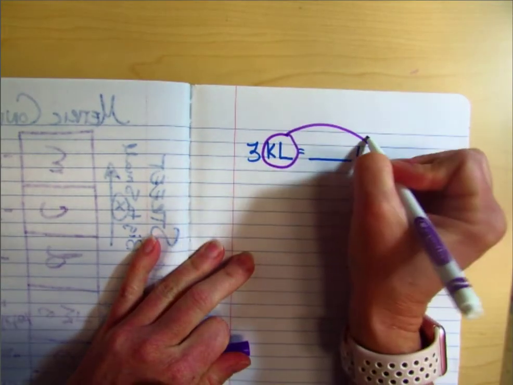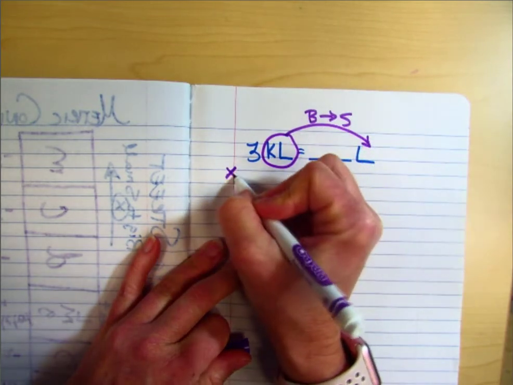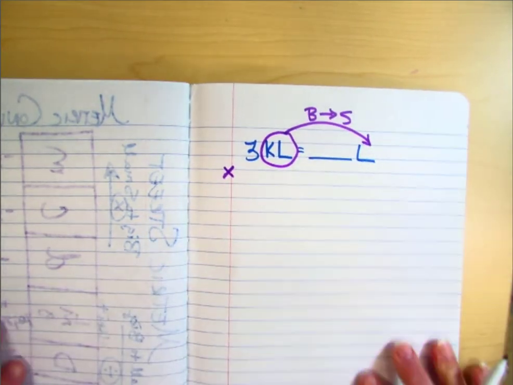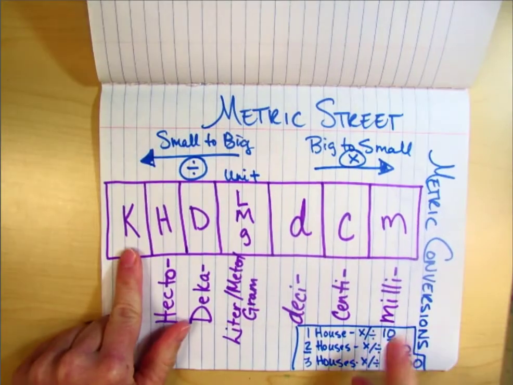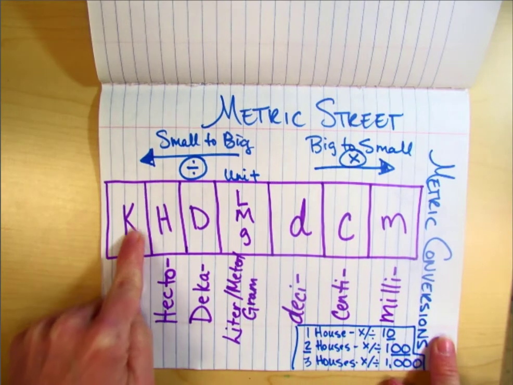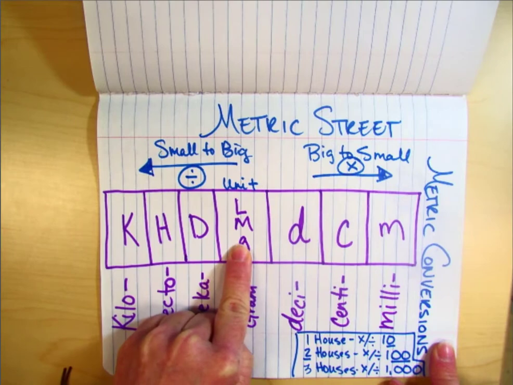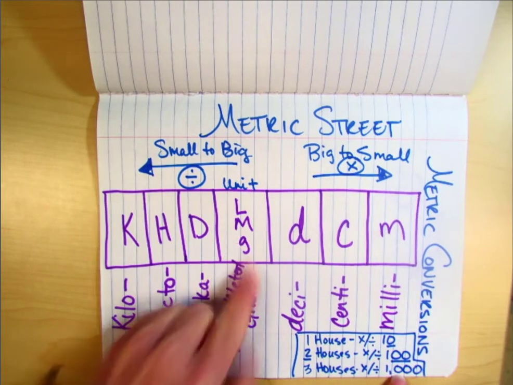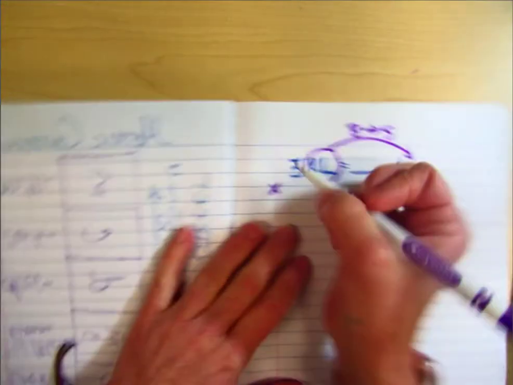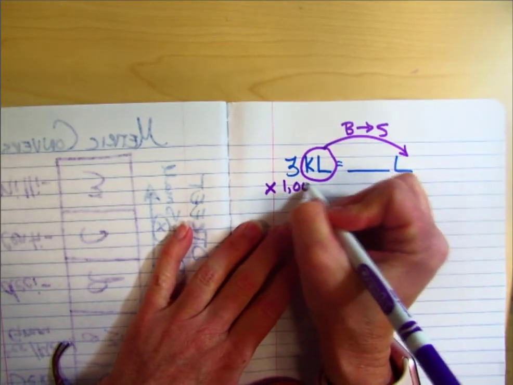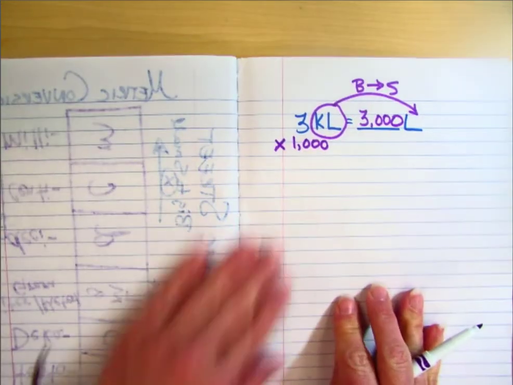I'm going big to small, so I'm multiplying, and I'm going to go back to my metric street. If I start at Kilo's house and go to liter's house, 1, 2, 3. I jumped 3 houses, so that means I'm using that 1,000. So I'm going to come back over here and multiply 3 times 1,000 and get 3,000 liters.